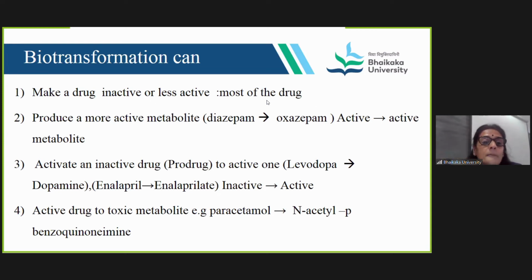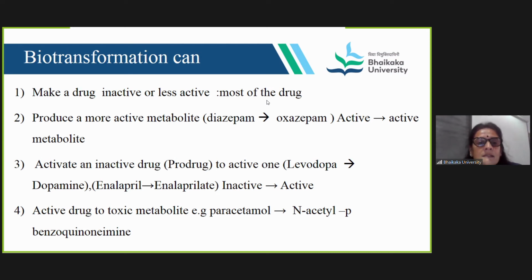The third point is that biotransformation can activate an inactive drug to active. So there is a dosage form where outside the drug is inactive, but after entering into the body, through the process of pharmacokinetics, the third process, metabolism, will convert the drug to active.